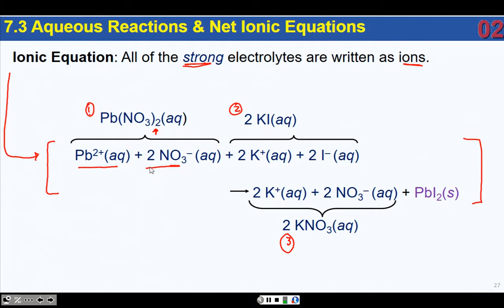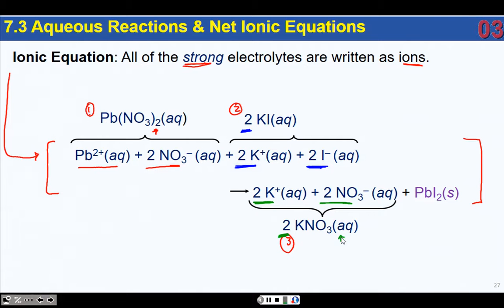The potassium iodide, there's 2 of them in your balanced equation. And so you should have 2 potassium ions and 2 iodide ions when they've separated, because this is all going to still be a balanced equation when we're finished. The products are shown on the next line. The potassium nitrate, again, has a 2 in front of it, so make sure that you haven't overlooked your balanced equation, and there should still be 2 potassium ions and 2 nitrate ions formed from this potassium nitrate that is in fact aqueous.